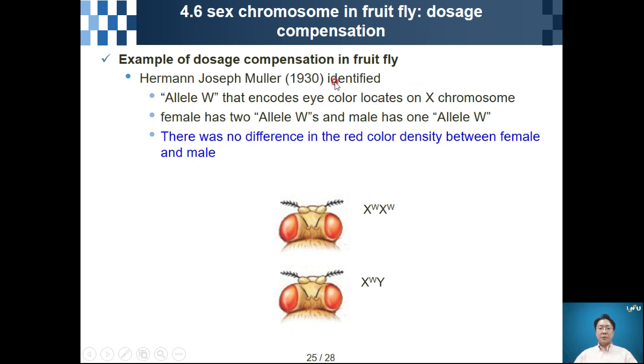He also identified that the female has 2 alleles W, but the male only has 1 allele W. But he found that there was no big difference in red color density between the female and the male. So this is one example of dosage compensation. We will learn some detailed information in the next slide.